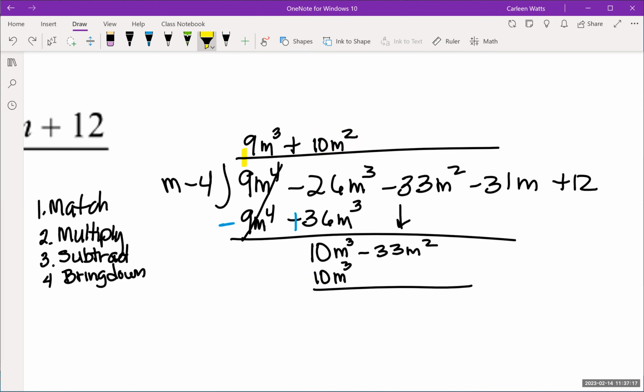Multiply. 10m squared times -4 is negative 40m squared.